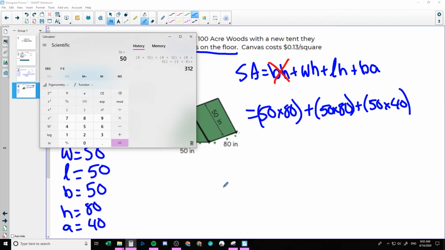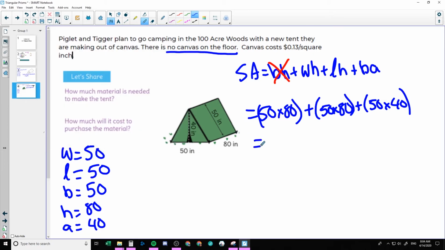So 50 times 80 and 50 times 40. So now we can go, okay, 4,000 plus 4,000 plus 2,000 gives us 10,000 square inches. This is the amount of canvas that we're going to need.